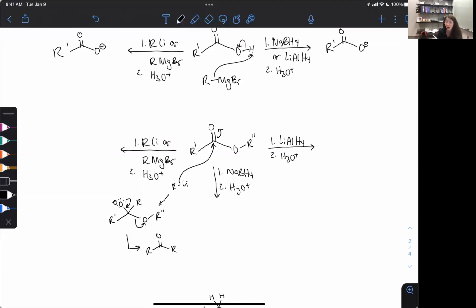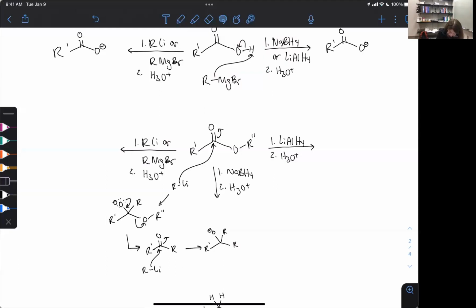That ketone is still reactive. We've seen the ketones up above. They've already reacted. So we bring in again another equivalent and we get to a tertiary alcohol, okay?